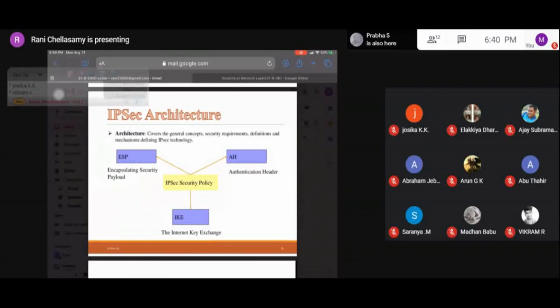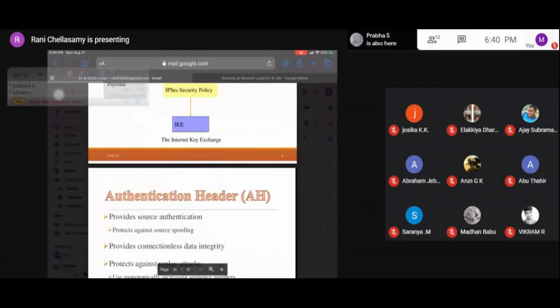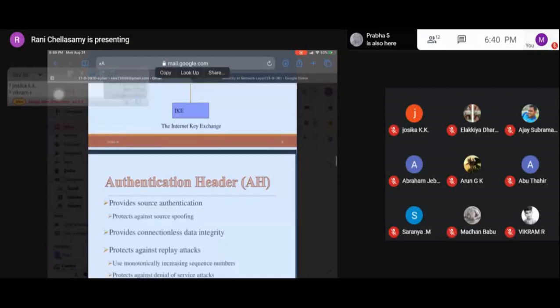What is meant by authentication header? It provides source authentication, that is, it protects against source spoofing. There cannot be any false source identification.